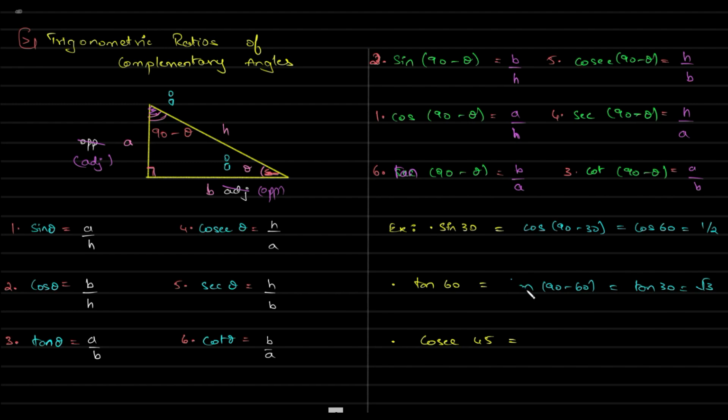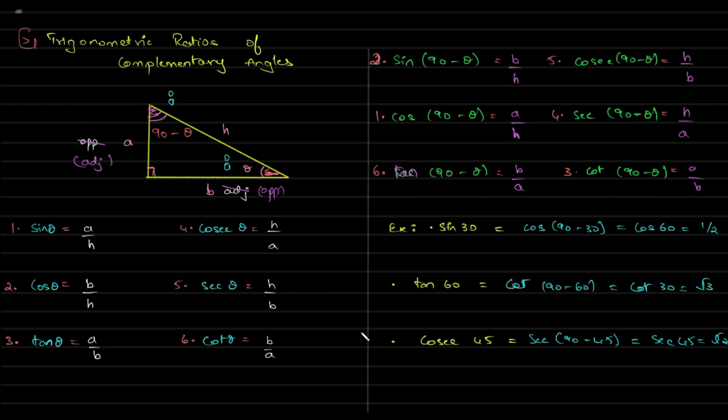Sorry, my bad, this is cot of 90 minus 30, which is cot 30, which is root 3. Cosec 45 degree is sec of 90 minus 45, which is sec 45, and which is root of 2.